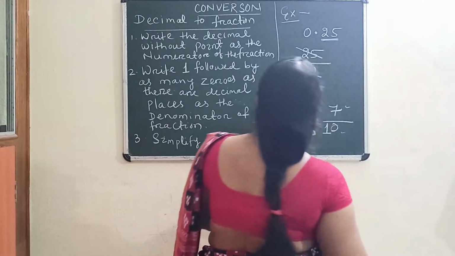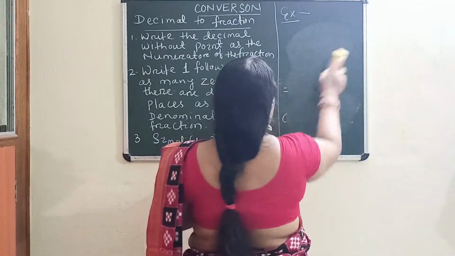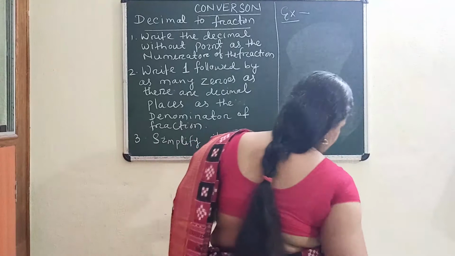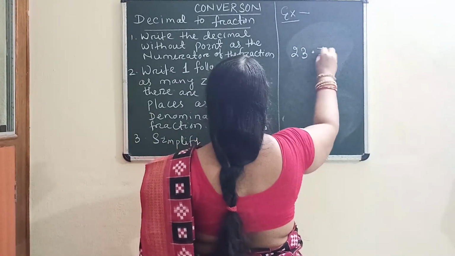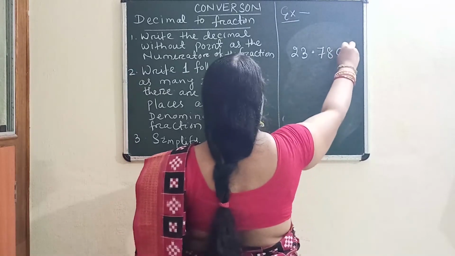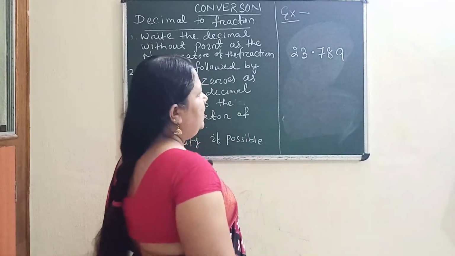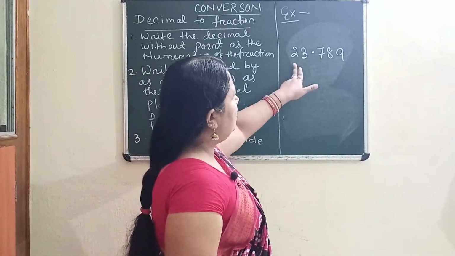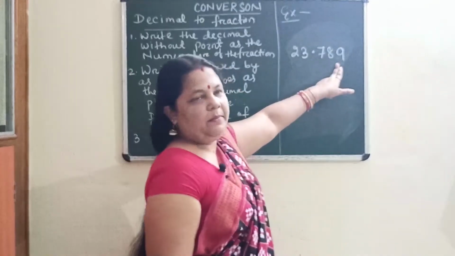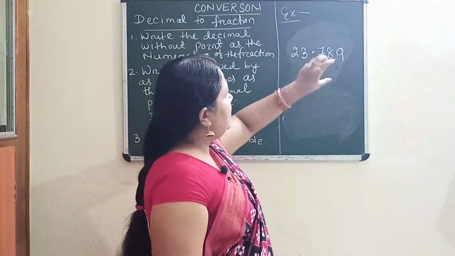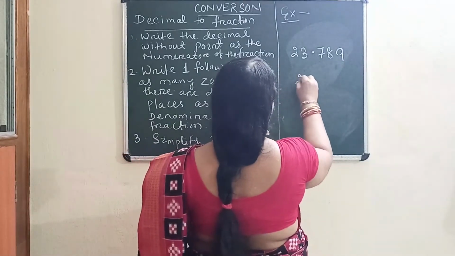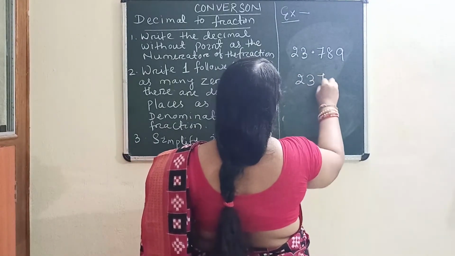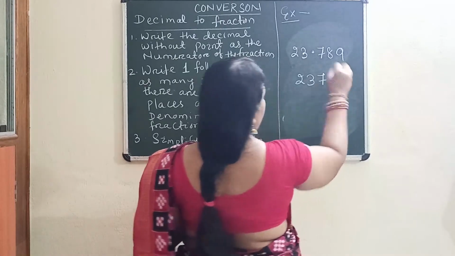Okay. Let me show one more example. Suppose 23.789. So this is your whole part, this is your decimal part or fractional part. So here what you will do? Write whole number as your numerator.